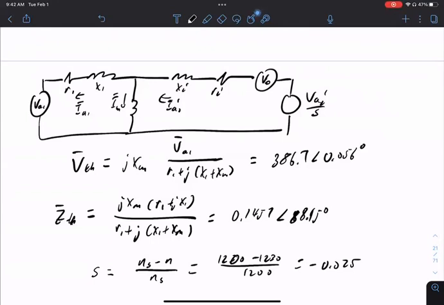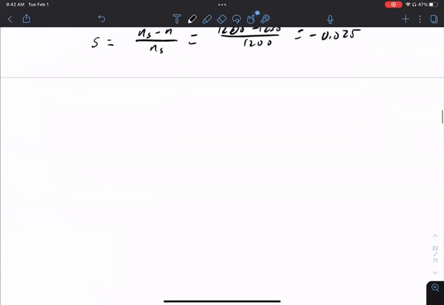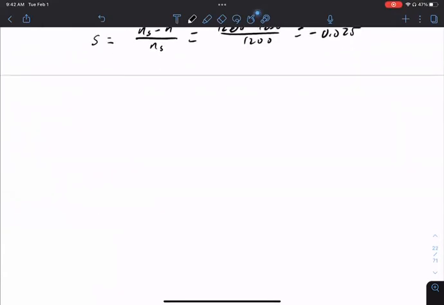Now let's compute IA2. When we compute IA2, I have a Thevenin equivalent, an R equivalent, X equivalent here.